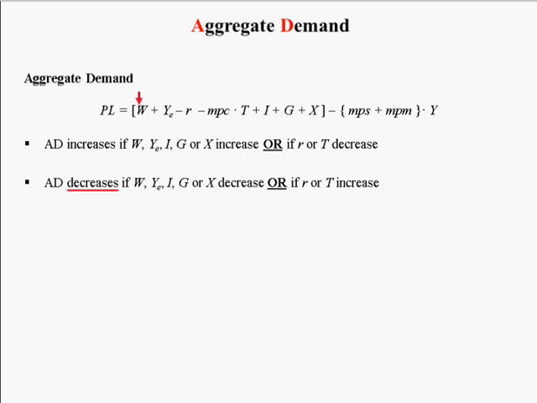Aggregate demand decreases if wealth falls, future expected income falls, or variables that enter the equation with a negative sign or with subtraction increase. If taxes are increased, aggregate demand falls. If investment falls, government spending falls, exports fall.